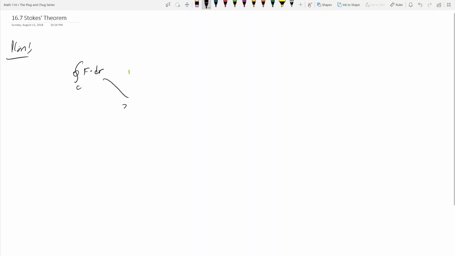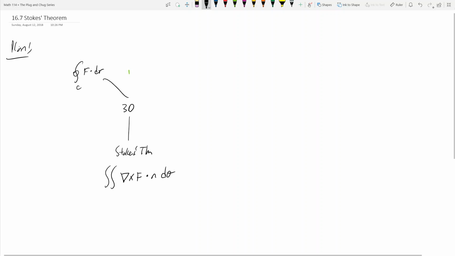And then if it was three dimensions, we use Stokes' theorem, which is equal to the double integral of del cross f dot n d sigma. Okay, so what does any of this really mean? Again, closed curve is the first one.